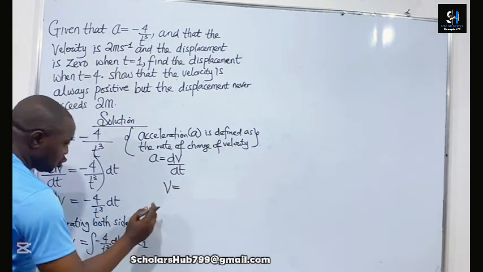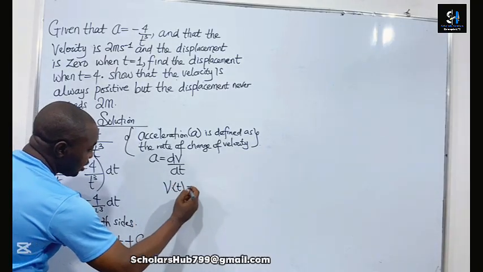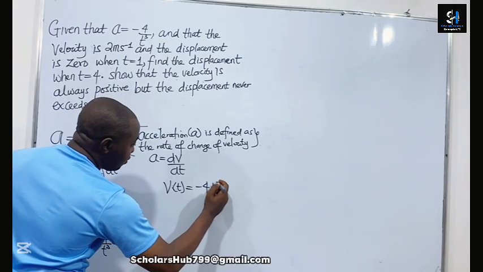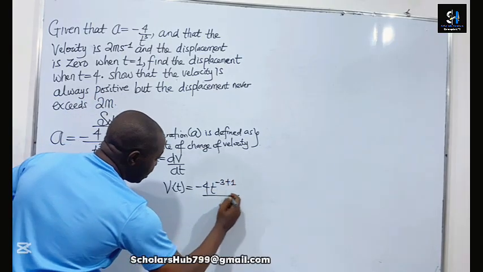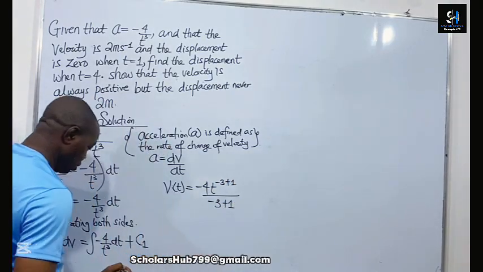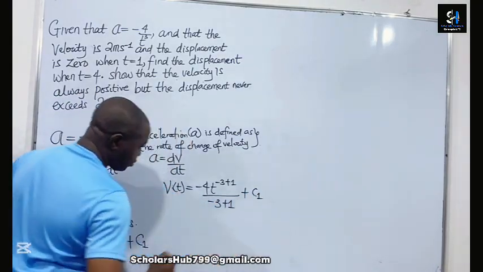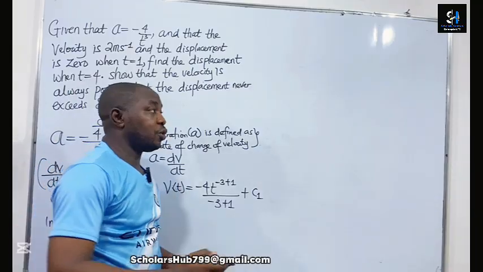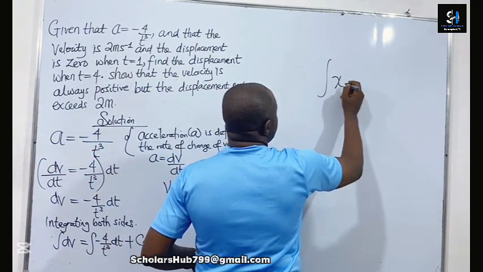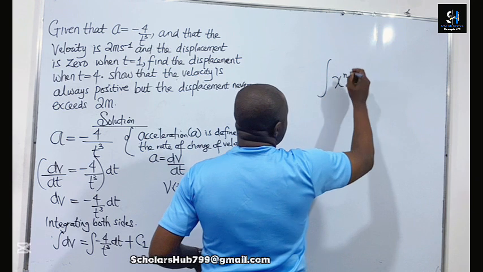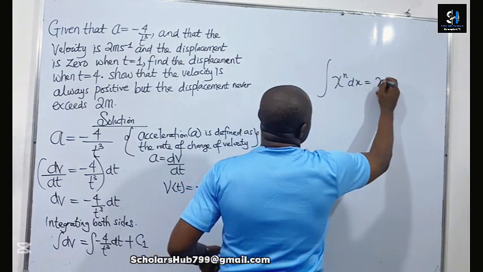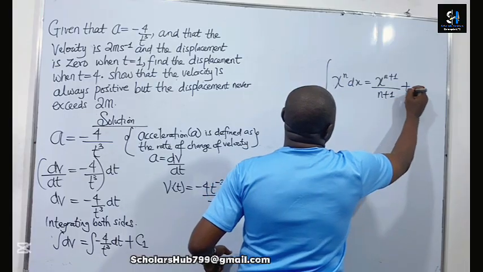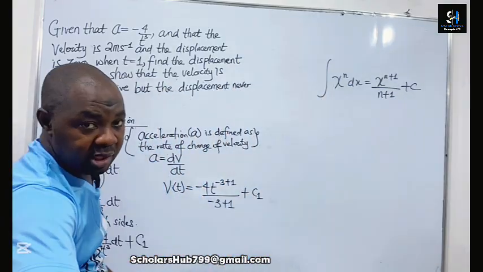So we have v of t equal to, integrating this, negative 4 raised to the power of minus 3 plus 1 divided by minus 3 plus 1, plus the constant of integration. This is when we apply one of the rules of integration. If we have the integral of x to the power of n dx, this will be x raised to the power of n plus 1 divided by n plus 1 plus the constant of integration.